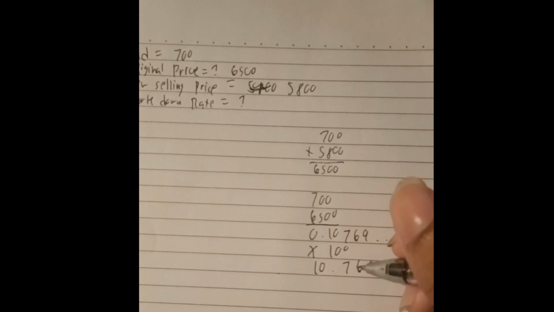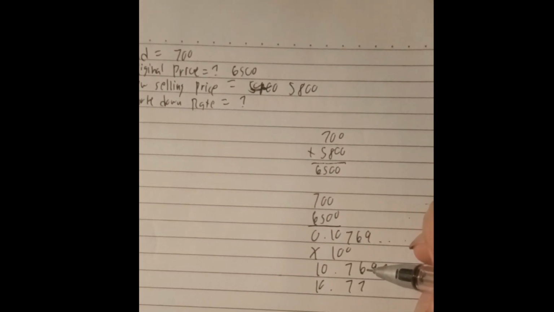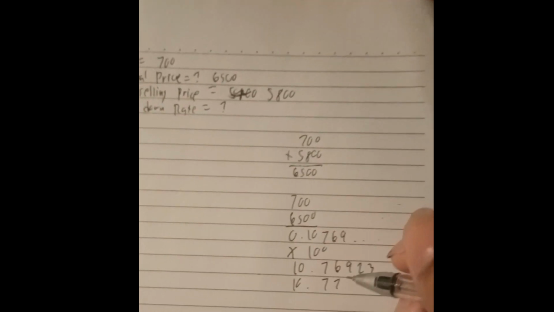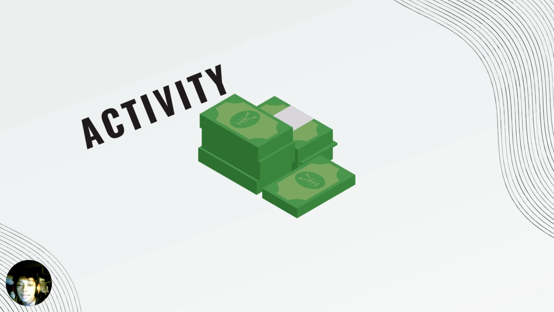Our final answer is gonna be 10.77. Why? Because we're gonna round it off, since the digit beside it, the 6, is above 5. That's all for the markdown. Thank you. And now, it's time for our activity.